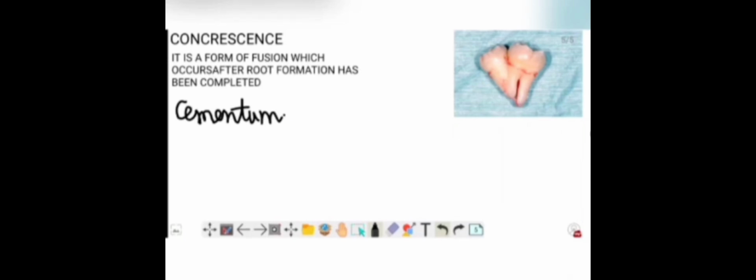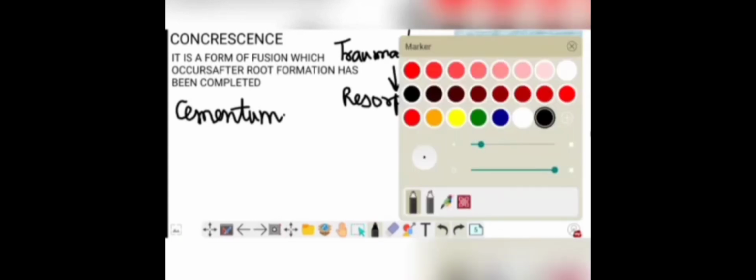Now, how does it occur? First, suppose any trauma occurs or there is crowding of teeth. So because of trauma and crowding, there will be pressure on the interdental bone, which will lead to resorption of interdental bone.